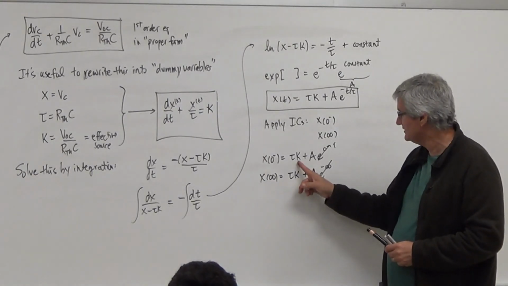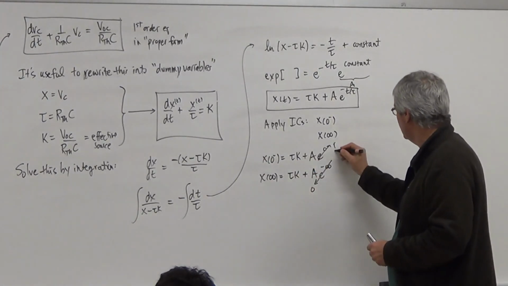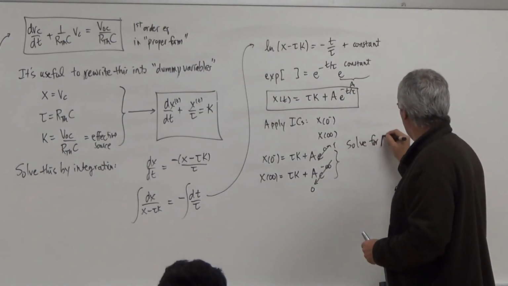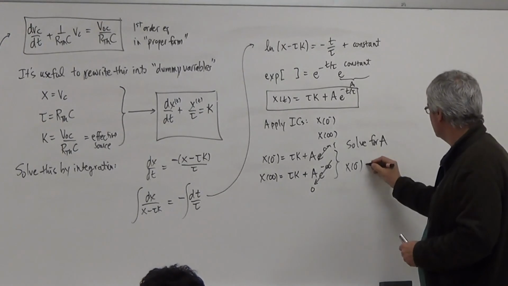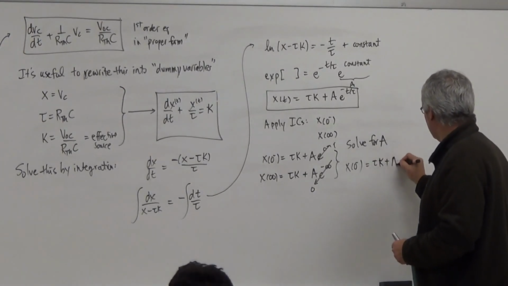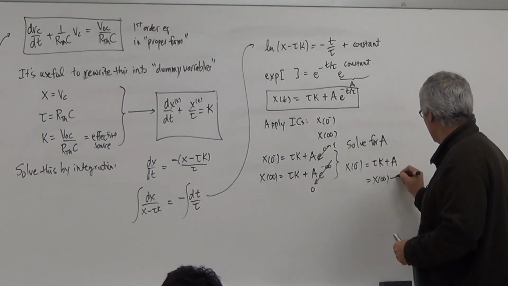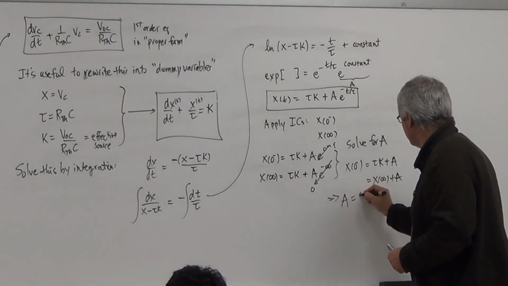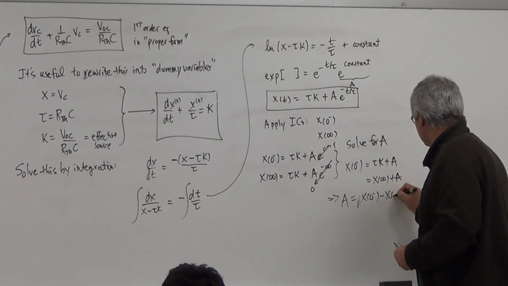If I plug that in, that gives me what the a value is. So now I'm going to solve for a. I've got x 0 minus is equal to tau k plus a, but tau k is also x infinity, so x 0 minus equals x infinity plus a, which implies that a must be x initial minus x infinity.